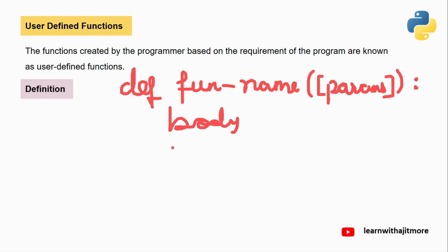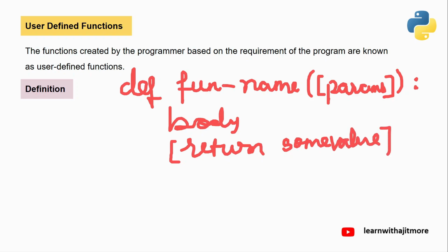Okay, and at the end, there can be optional return statement also. Return and return some value, which is optional. Not necessary every function will return some value. हो सकता है ऐसा फंक्शन है जो कुछ रिटर्न नहीं करता है.